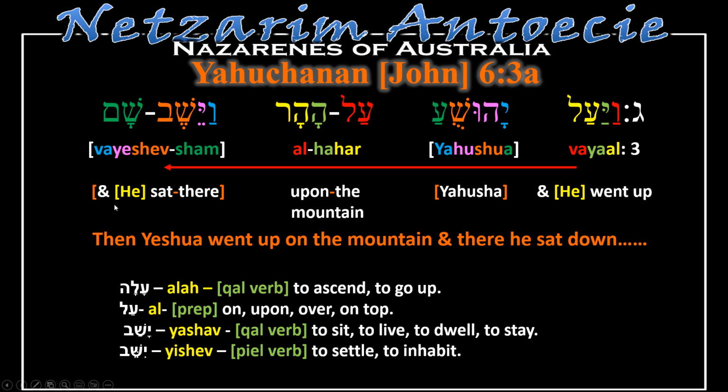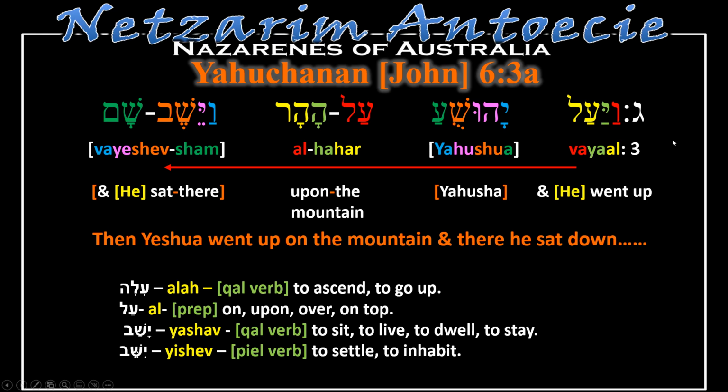Va-ye-shev, and he sat, sham, there. And down here I've given you yashav, which is a qal verb to sit, to live, to dwell, to stay. And then I've also given you yishev, which is a piel verb, and it means to settle, to inhabit. So I'm giving you just different variations so that when you come across them, you'll understand them a bit better.